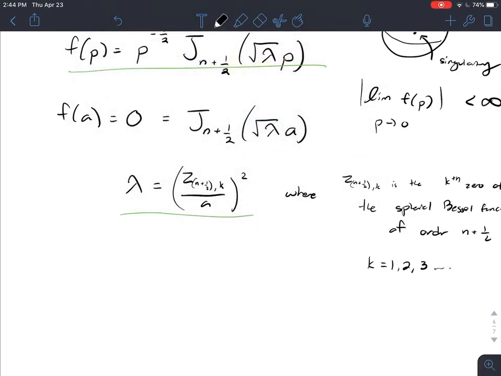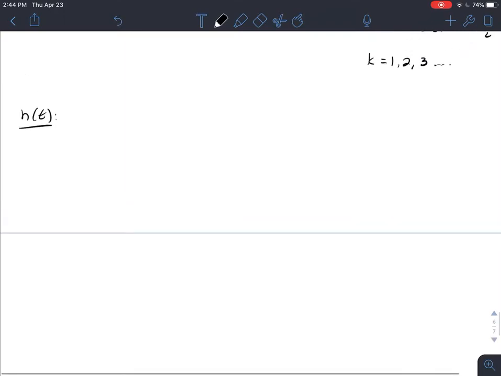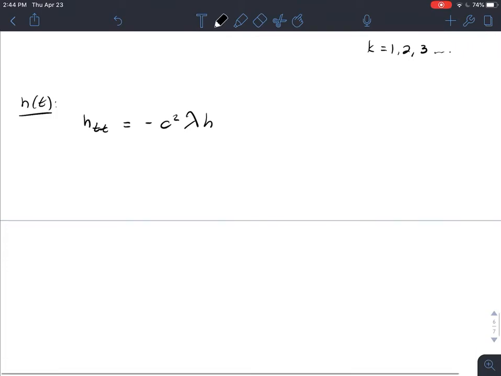Okay. Great. So now the last thing we need to solve is h of time. Hopefully this is nice and simple. We've been doing quite a bit of math. So h double prime of t is equal to negative c squared lambda h.